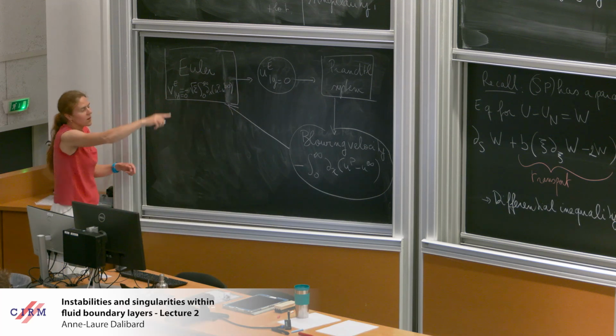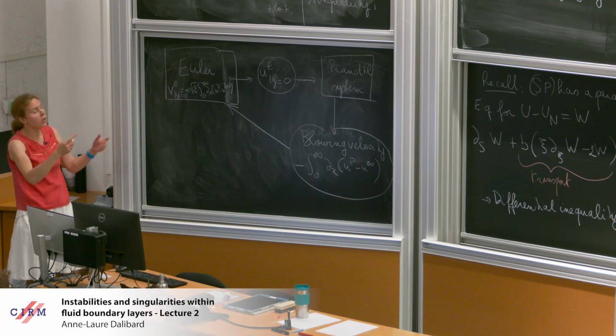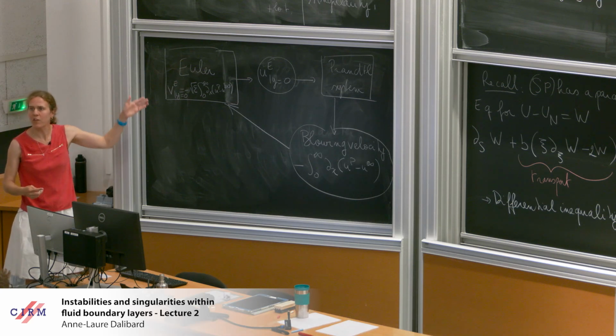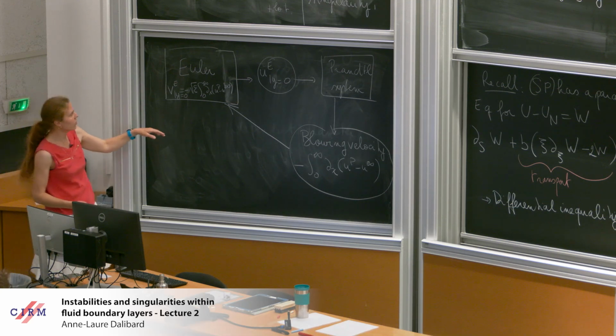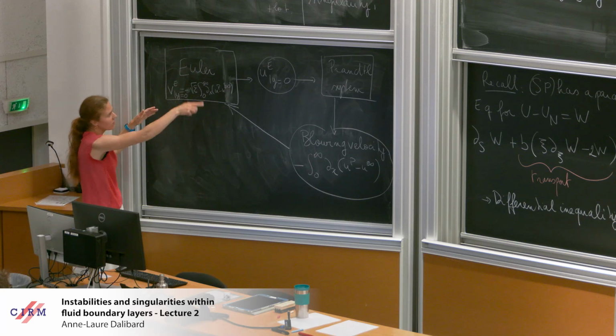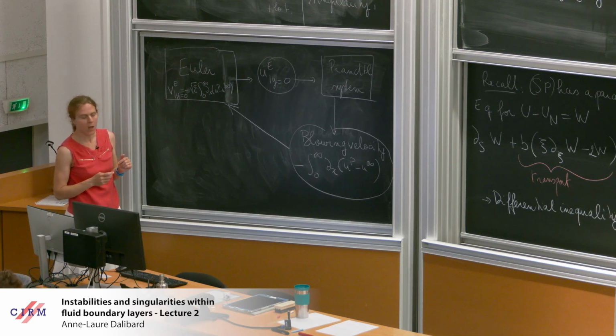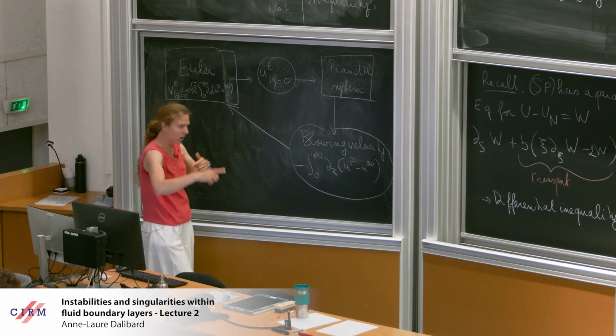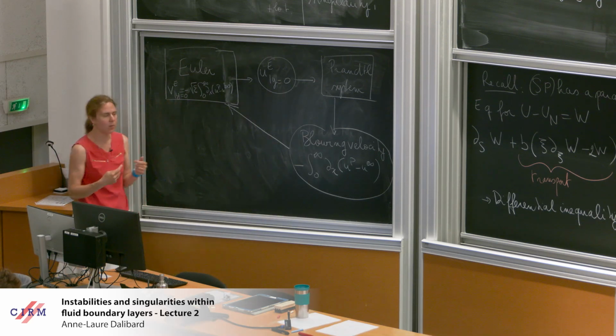In order to solve that system, what this loop means is that you have to do some kind of fixed point. So you're looking for a fixed point of this system. That's essentially it. But it's nice because you actually see some coupling between the outer flow and the boundary layer.